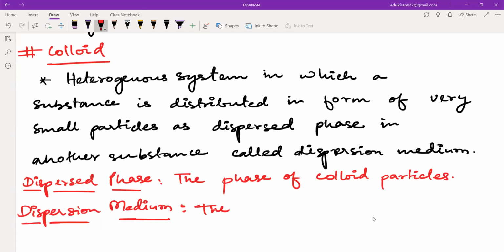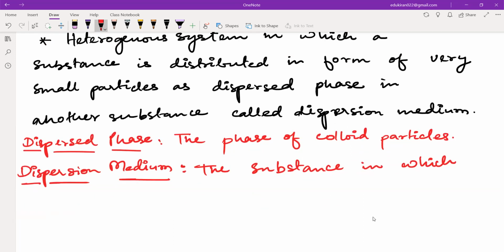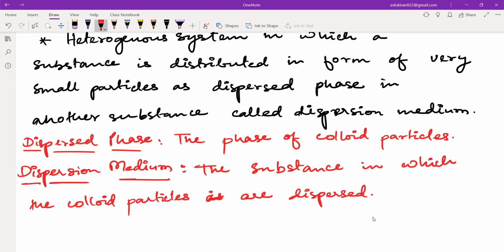The substance in which the colloid particles are dispersed is the dispersion medium.